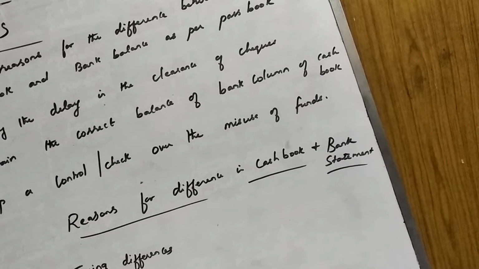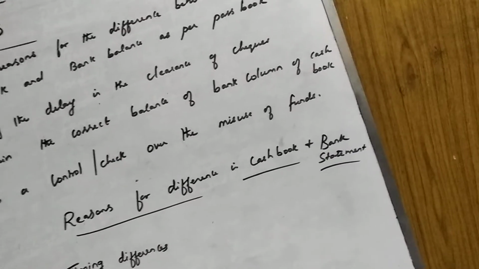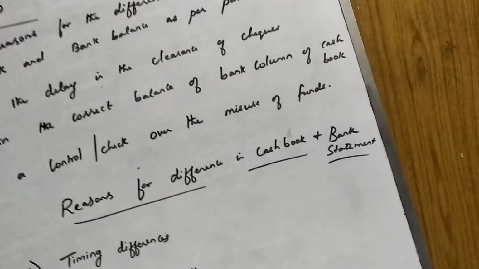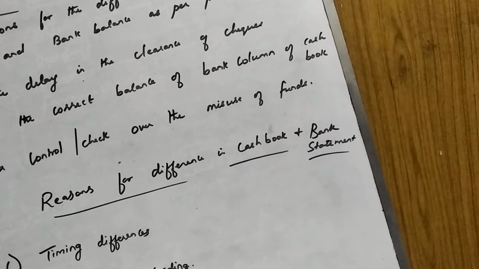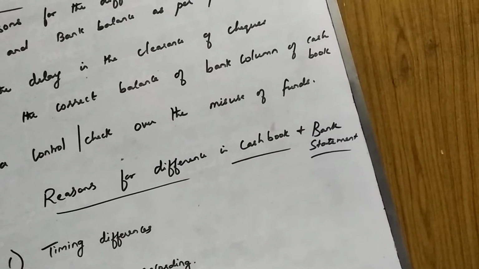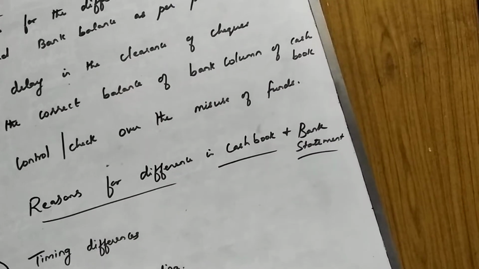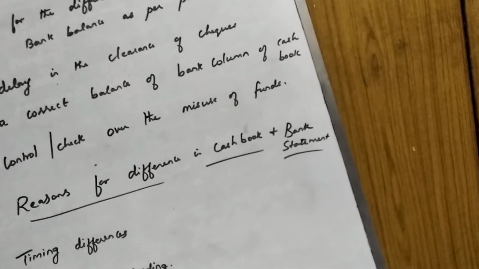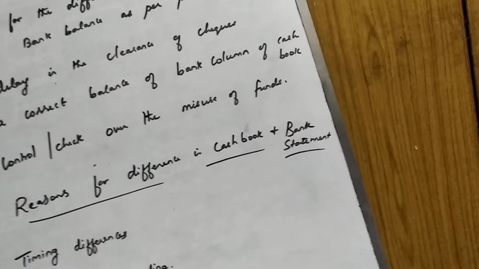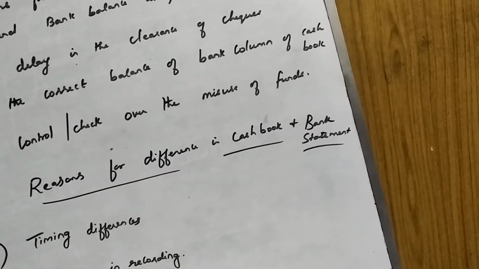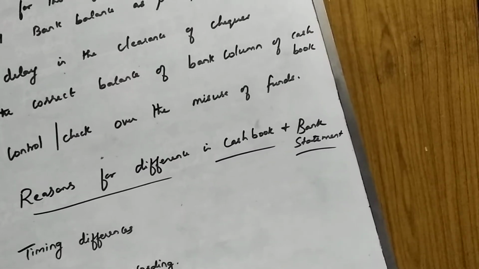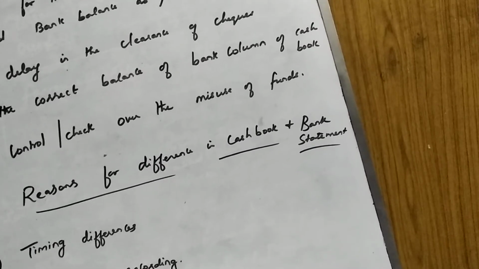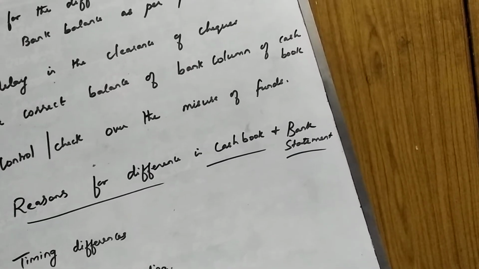Then what are errors in recording? This difference arises due to errors in recording the entries. These are errors committed in recording by the business, by the cashier, in the cash book, or errors committed in recording the transactions by the bank. So, wrong debit: instead of debiting another person's account, they have wrongly debited your account.